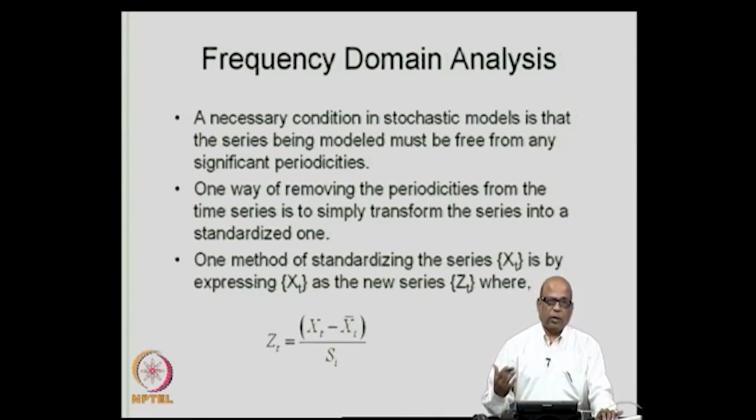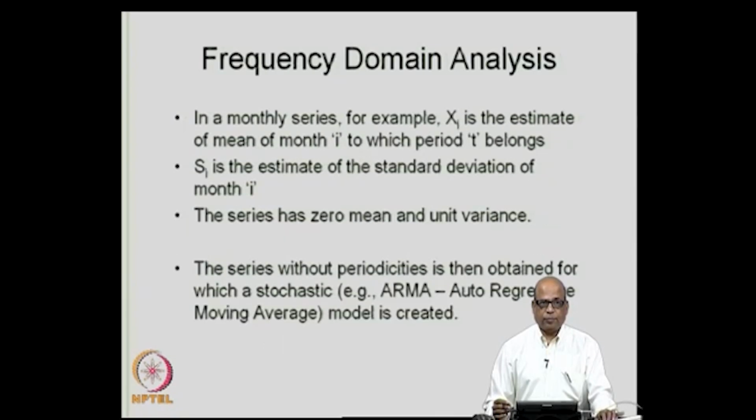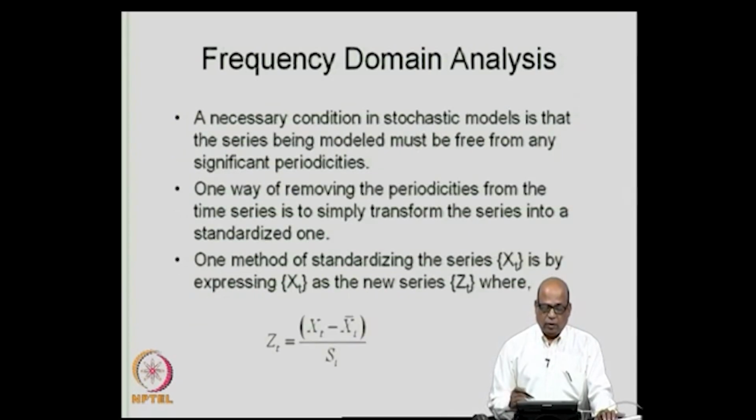Then there are also techniques for differencing and so on of the series, which will remove certain deterministic components. So, in a monthly time series, for example, in this expression we may write x t minus x I bar over S I. Let us say you are talking about a monthly time series, where t is equal to 1 to 12 and you are talking about the flows.